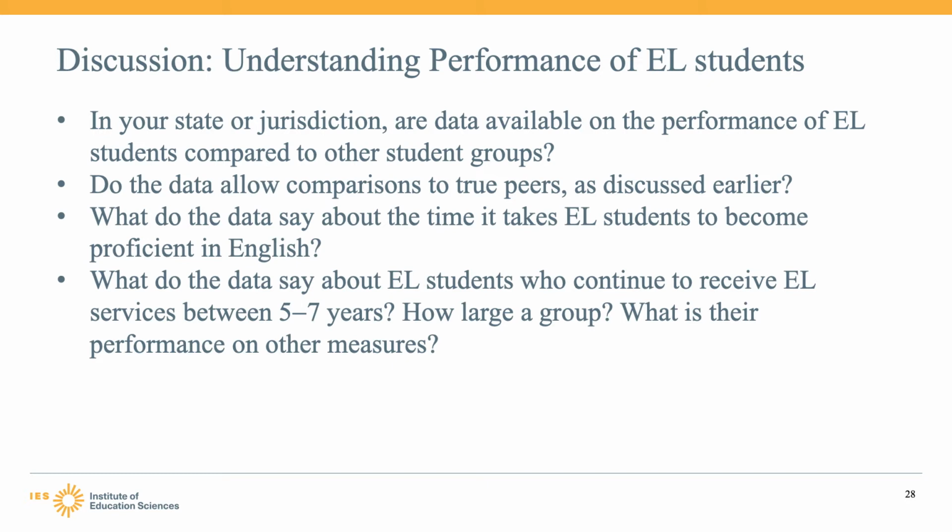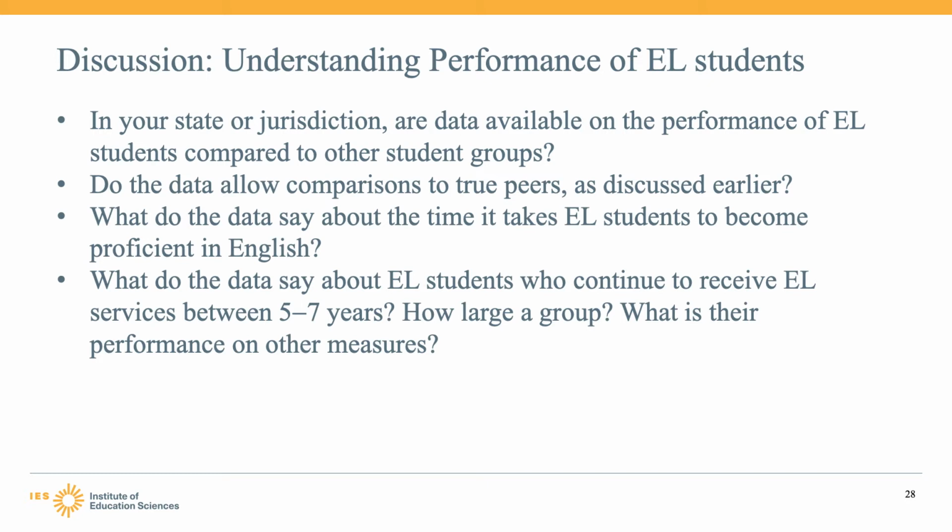In your state or jurisdiction, are data available that allow you to compare the performance of English learner students to other student groups? Do the data allow those finer comparisons to true peers? As we discussed earlier, these were things like students that had limited or interrupted formal schooling, or were long-term English learners, or English learners who are students with disabilities. Do the data allow such comparisons?